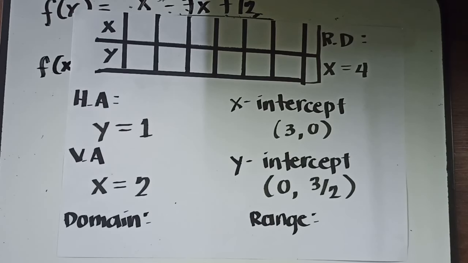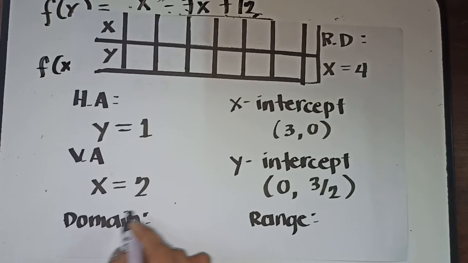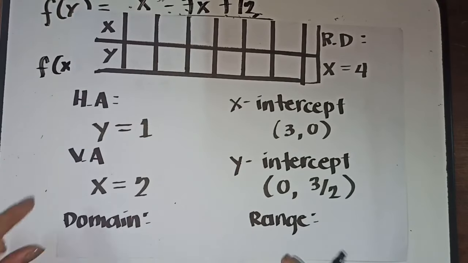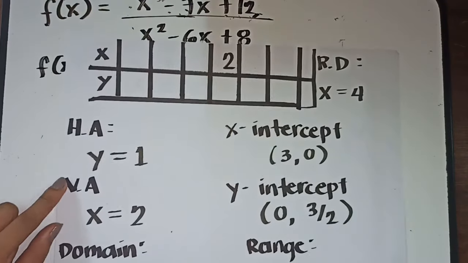So ngayon naman, magsiset na tayo ng table of values. Magsiset na tayo ng values ni x to find the value of y. Okay, so again, paano ba tayo magsiset ng table of values? Lagi nating igigitna yung restriction or yung vertical asymptote. Okay, so we have 2.